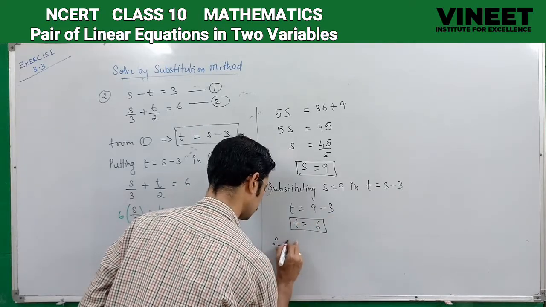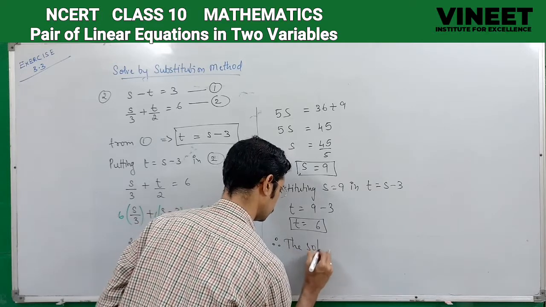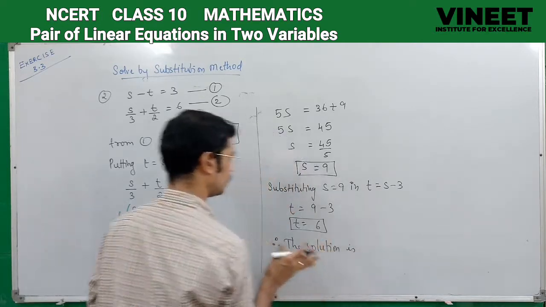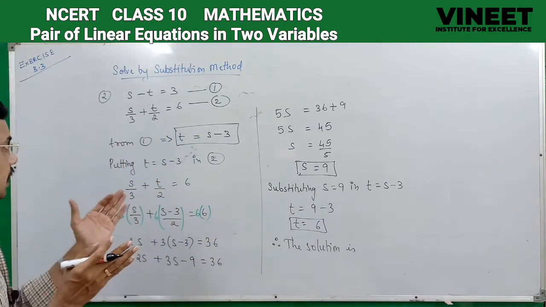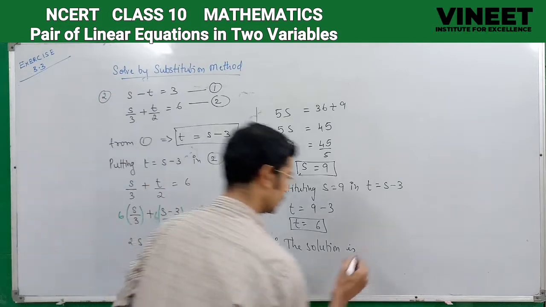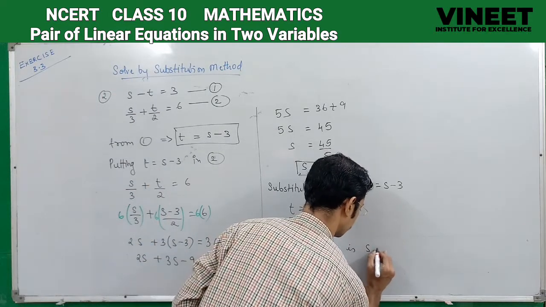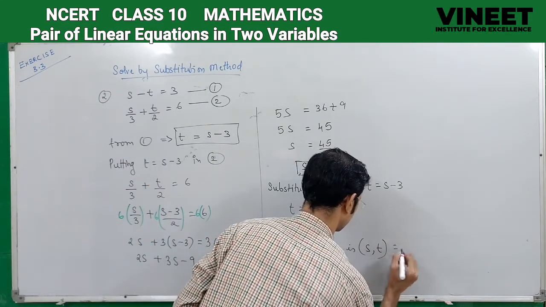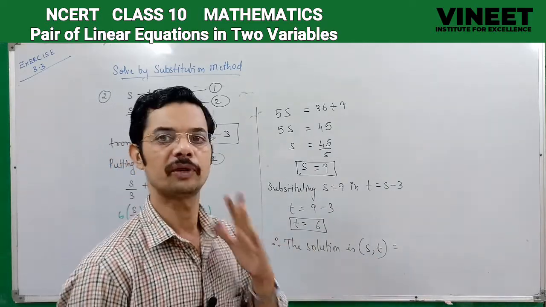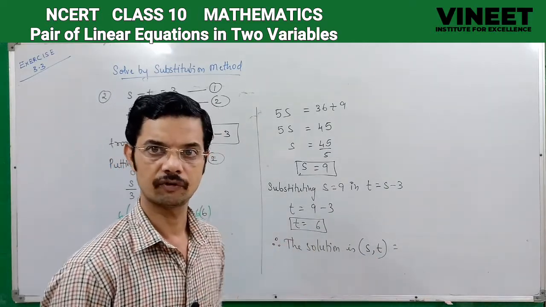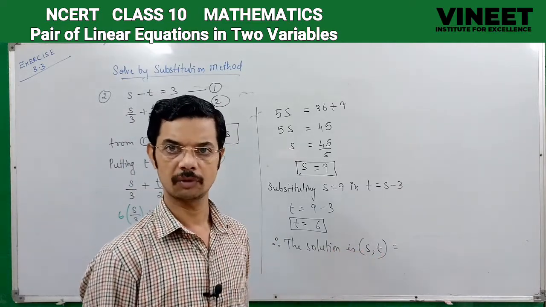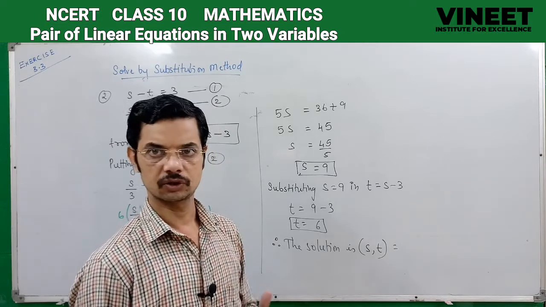So therefore the solution is here, which is the first variable, S comma T. So first one is taken as S comma T equal to, we will write this here. In case of X and Y we may not mention because that is a standard and general format, but when S and T comes we really do not know which variable to take first and which one as the second.